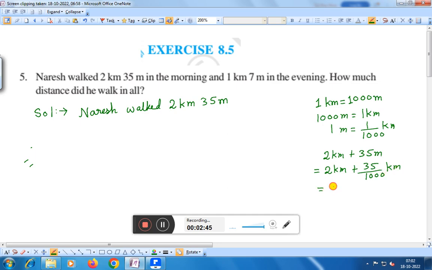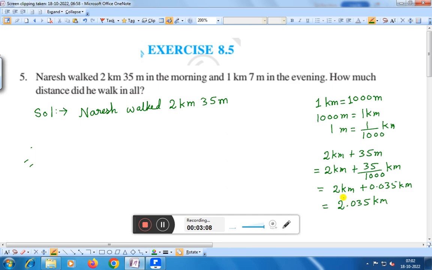That means it is 2 kilometer plus 0.035 kilometer, and if we add the numbers we are getting 2.035 kilometer.